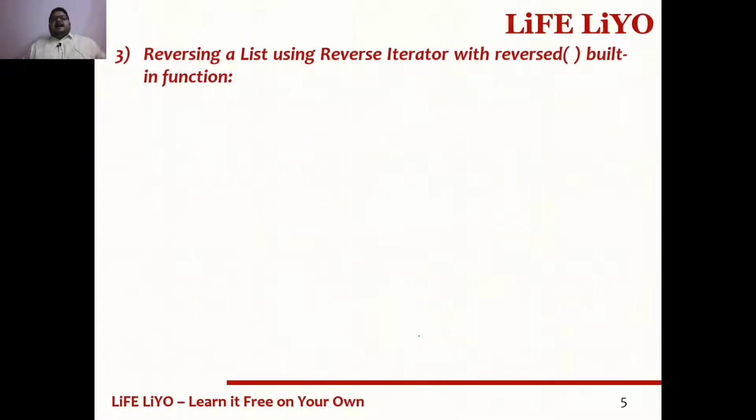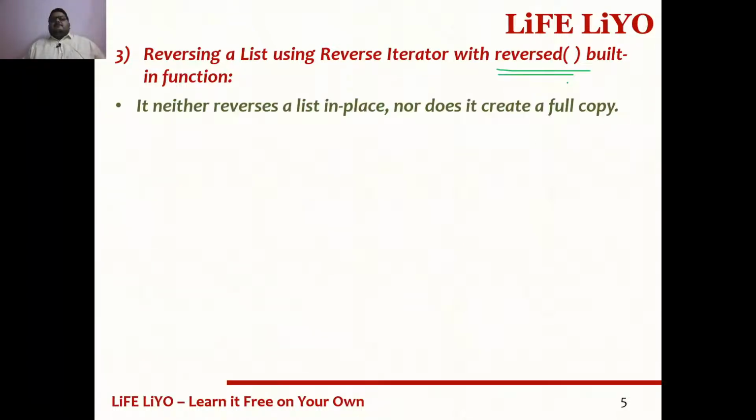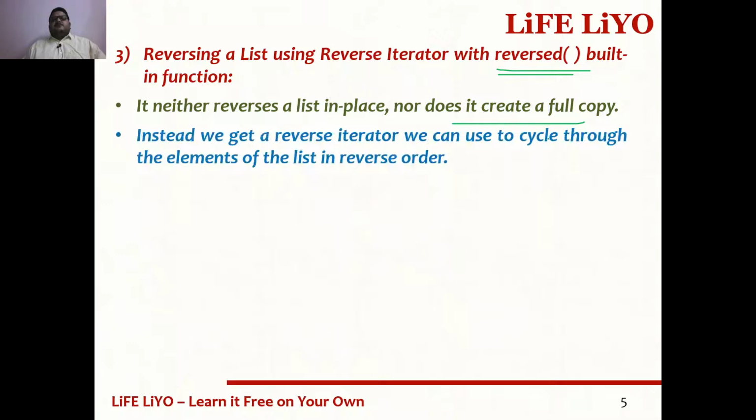Next one is reversing a list using a reverse iterator with the built-in function called reversed. It neither reverses a list in place nor creates a full copy. Instead we get a reverse iterator which can be used to cycle through the elements of the list in reverse order.